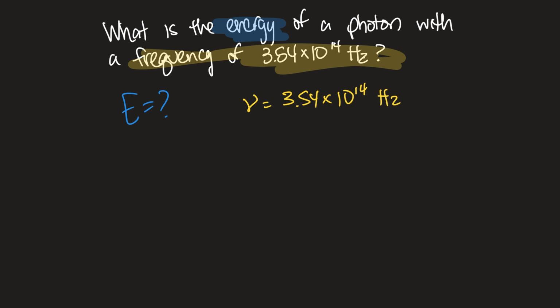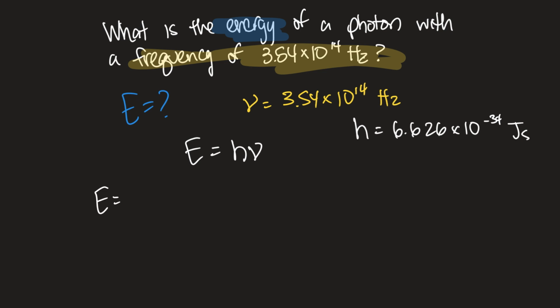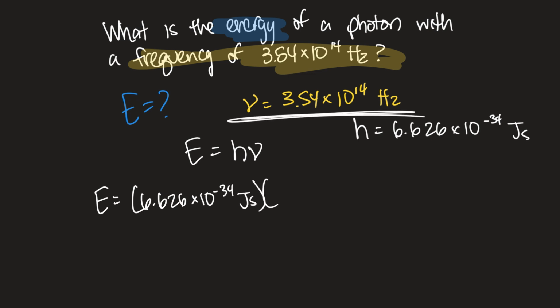We already know our equation: energy is equal to Planck's constant times nu. And remember, Planck's constant is 6.626 times 10 to the negative 34 joule seconds. So energy is equal to 6.626 times 10 to the negative 34 joule seconds, times the frequency, which is 3.54 times 10 to the 14th hertz.